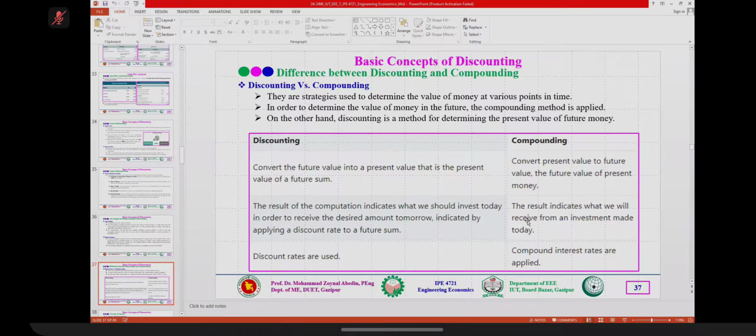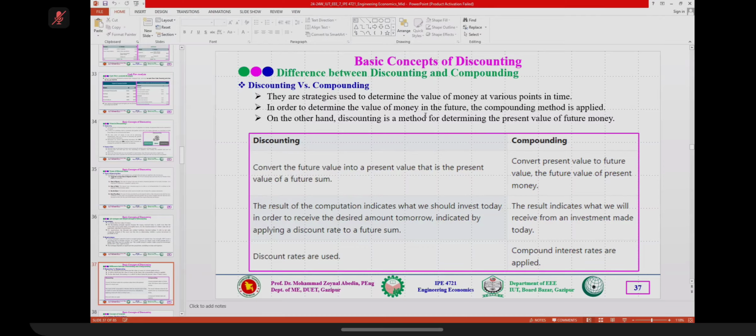And in compounding, the result indicates what we will receive in future time from an investment made today. In discounting, discount rates are used, and in compounding, compound interest rates are applied. So compounding and discounting are strategies used to determine the value of money at various points in time.